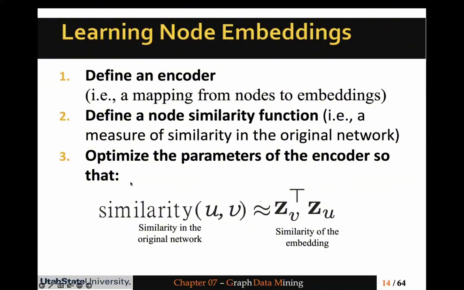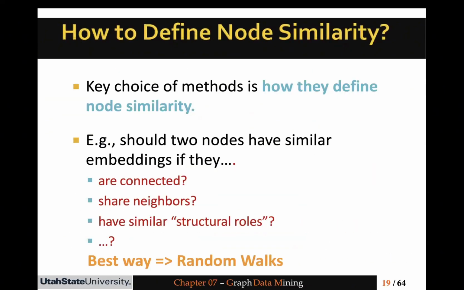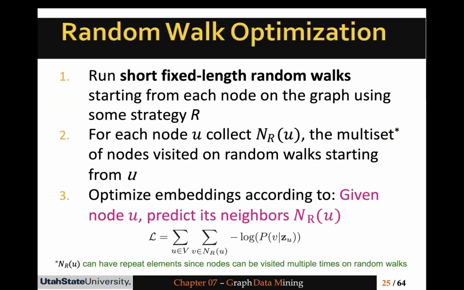The next thing is the optimization, which we still did not talk about so far: optimizing the ZUs and ZVs in such a way that this similarity is equal to the dot product of these vectors. That is the slide that we're going to talk about next.